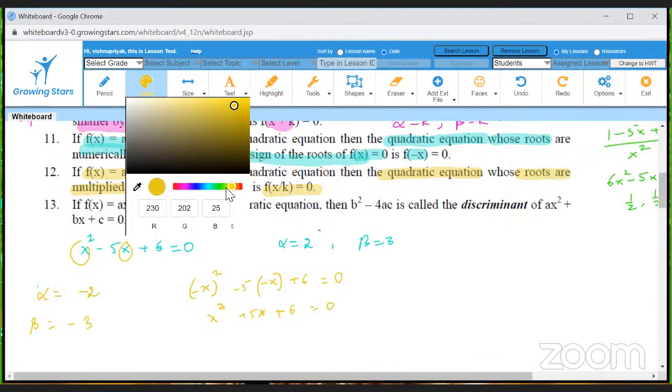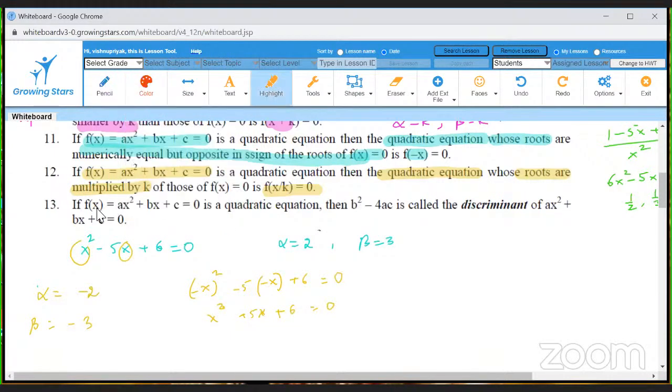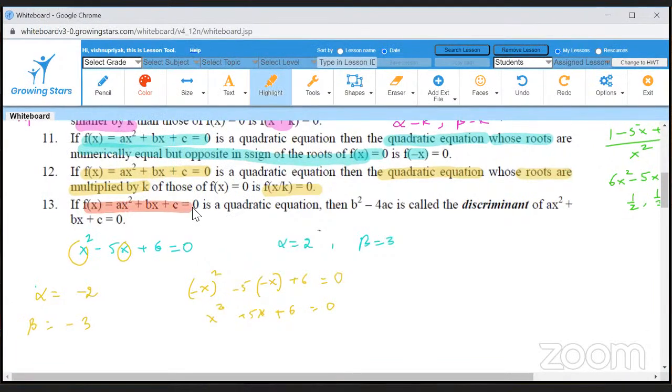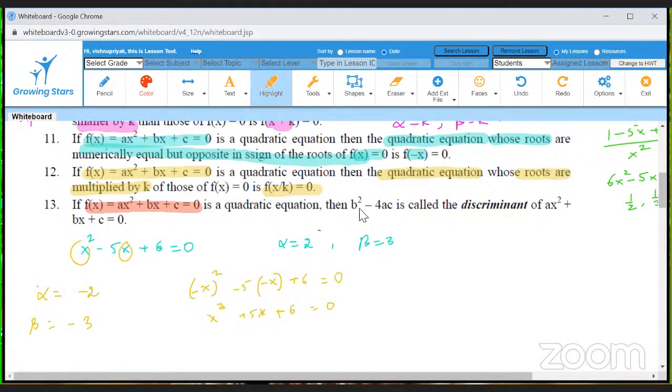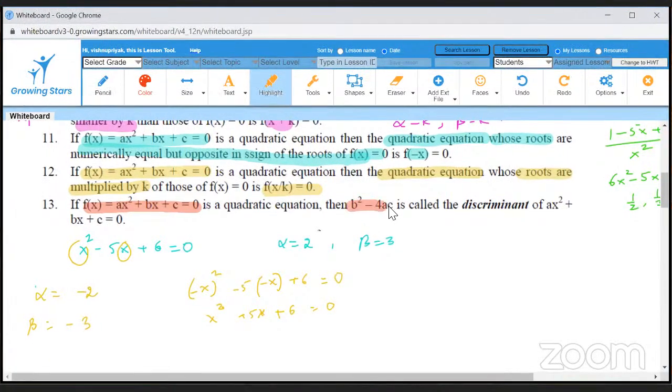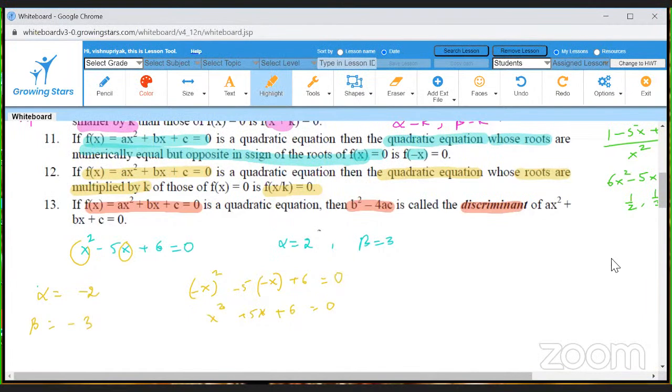And the next formula is, there is a quadratic equation ax square plus bx plus c equal to 0. For this quadratic equation, b square minus 4ac is called the discriminant.